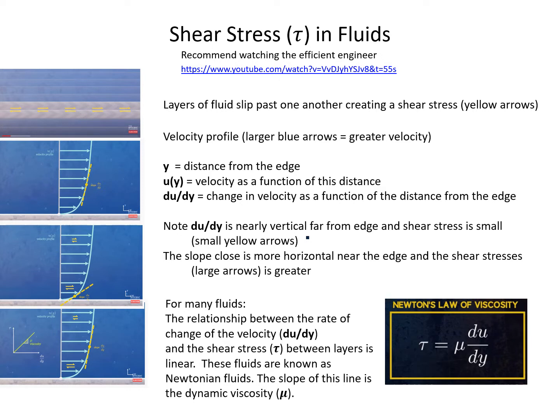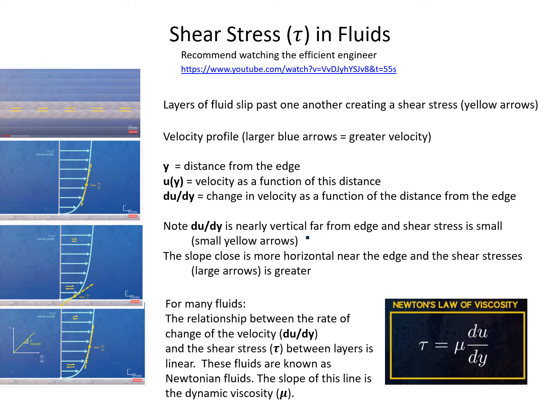And that slope, for a little change in velocity between the top and bottom of a layer and the thickness of that layer, is a lot closer to vertical when you're in the center of the stream, and it will be completely vertical if you're far enough away from the wall. All of the layers will be moving at the same velocity. And then closer to the wall, it becomes much more horizontal.